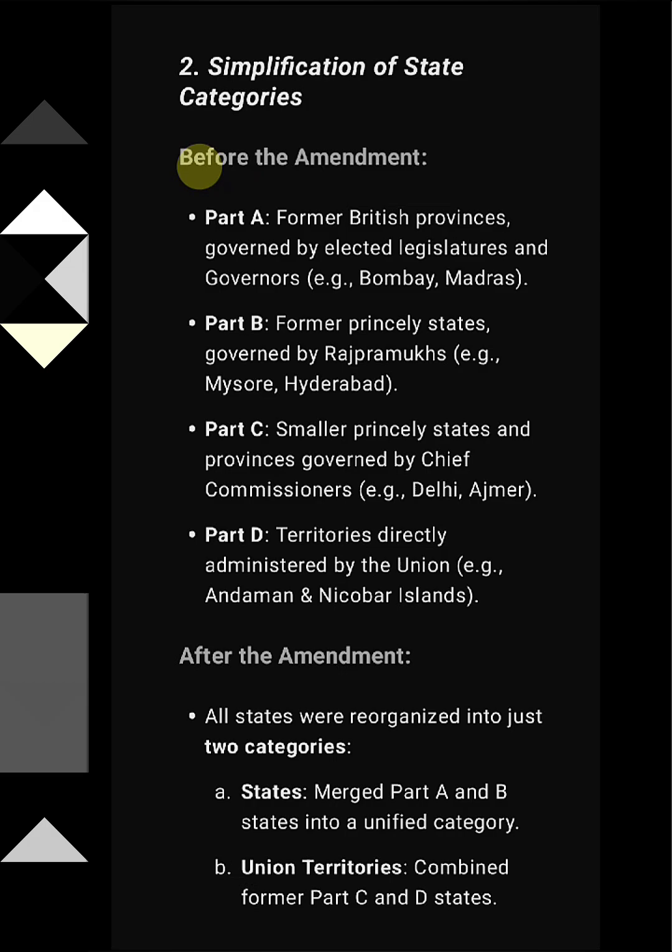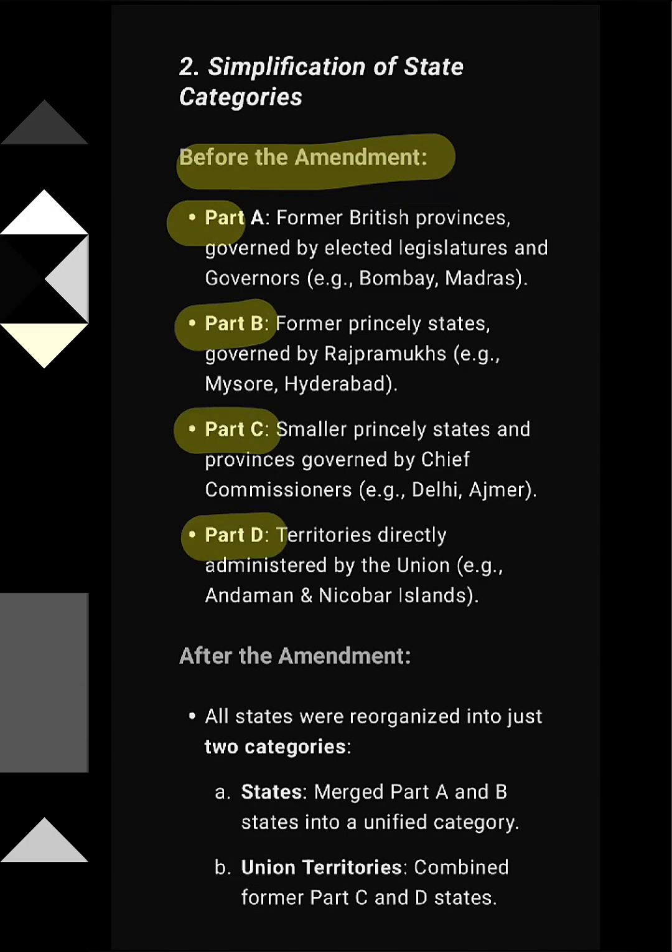Now let's talk about how this amendment changed the categorization of Indian states. So before the amendment, as I've told you, there were 4 categories of states: Part A, B, C, and D. Part A had former British provinces governed by elected legislature and governors like Bombay and Madras.